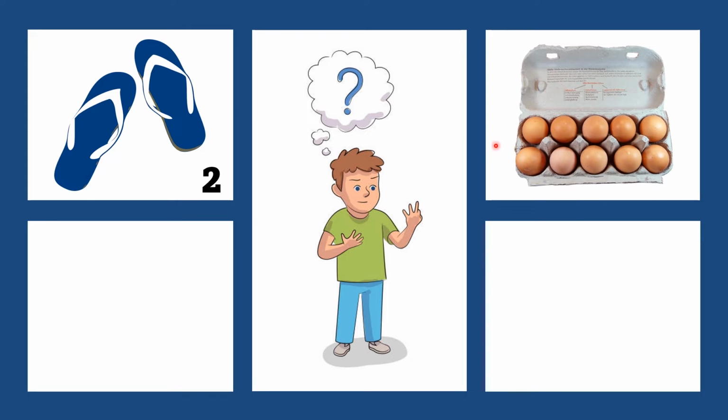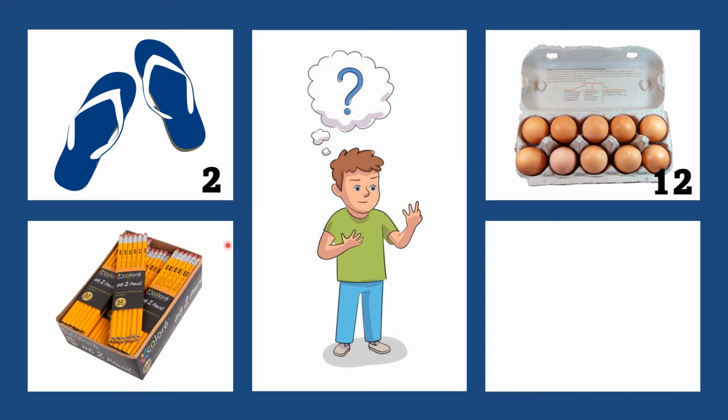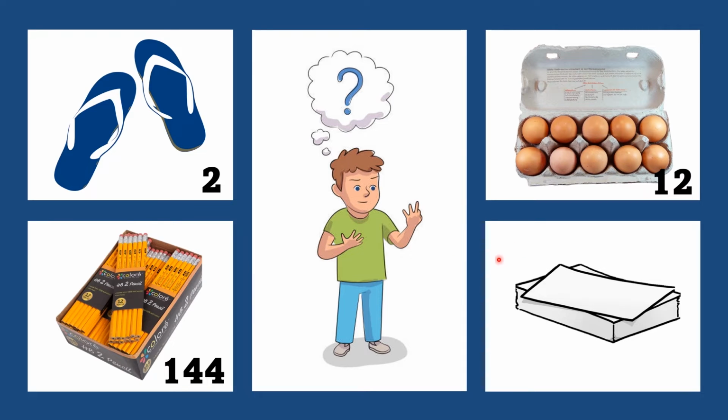When we say a dozen of eggs, there are 12 pieces. When we say a gross of pencils, there are 144 pieces. And lastly, when we say a ream of paper, there are 500 pieces.